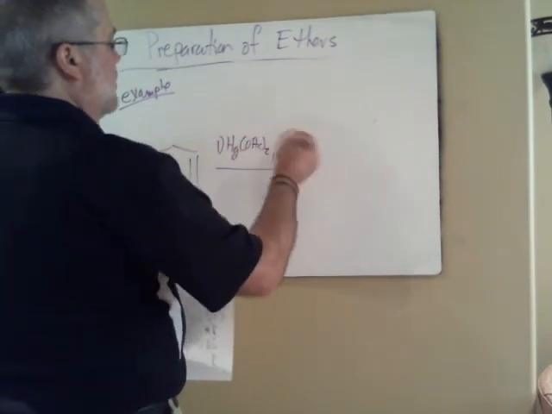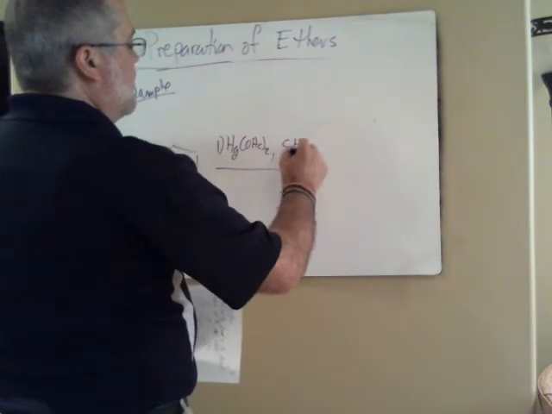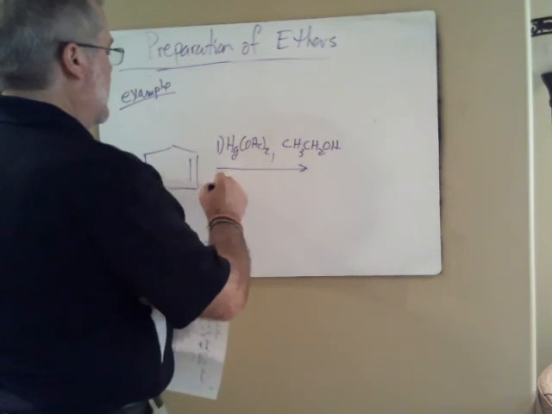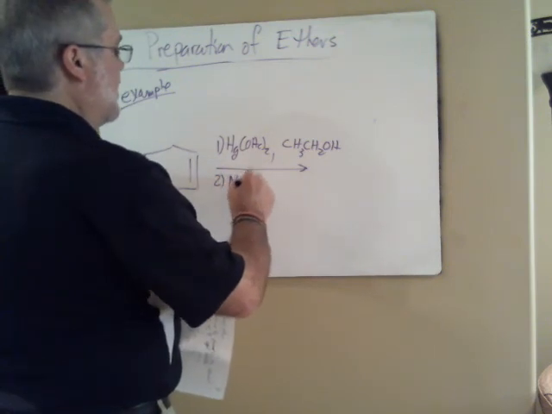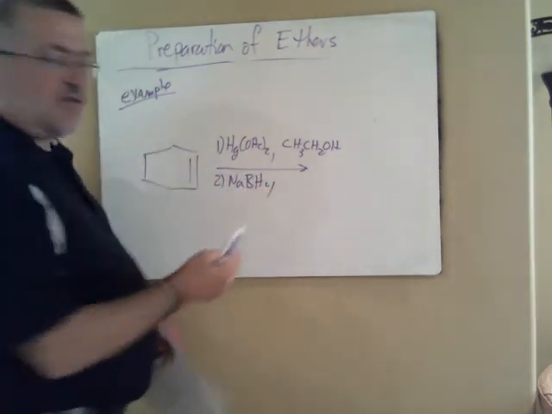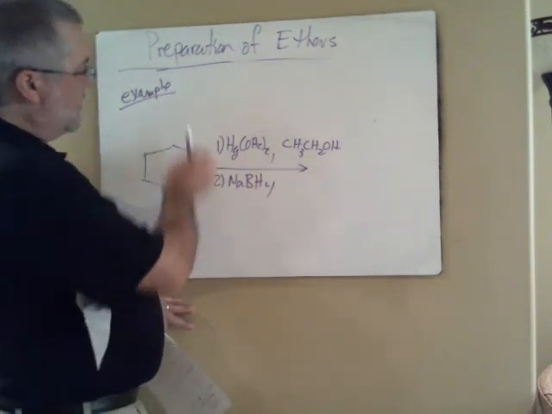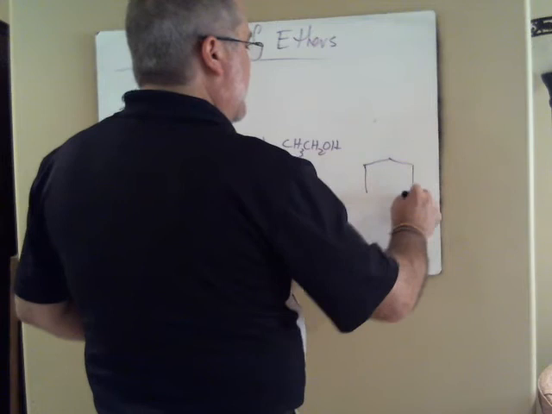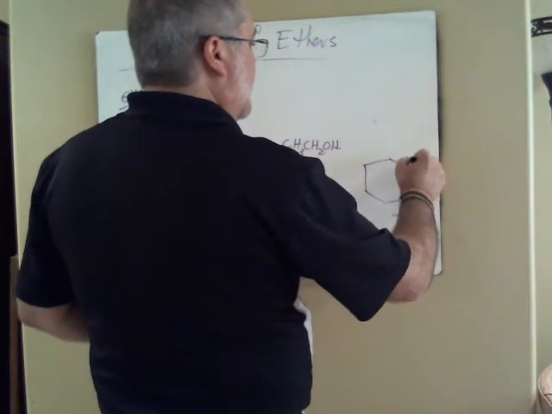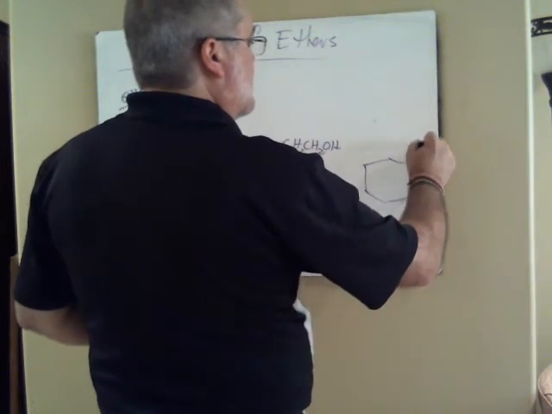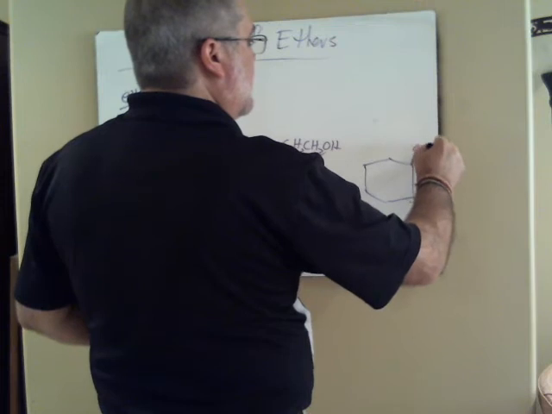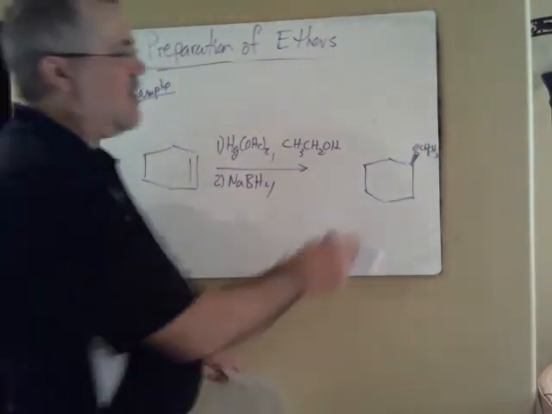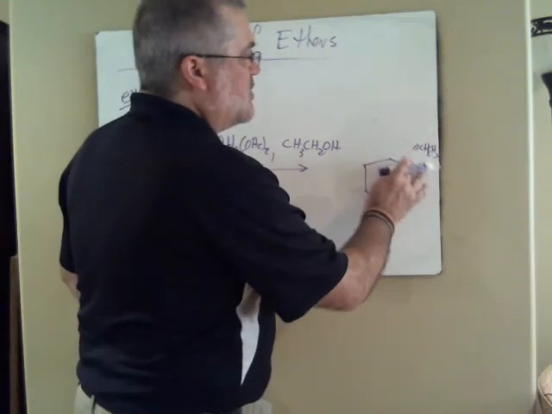And let's do ethanol as the alcohol, followed by sodium borohydride. And so I'm going to be adding this alcohol across the double bond, Markovnikov anti. In this case, neither one of those things matters because I'm basically just going to add the ethyl group onto the ring. Okay, and so stereochemistry isn't really even important to show there.